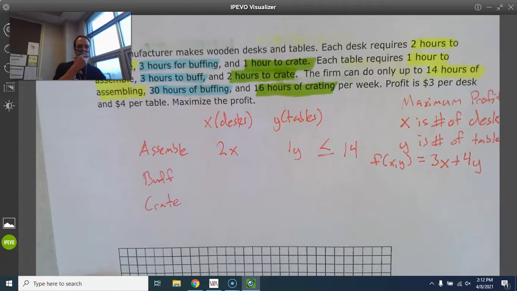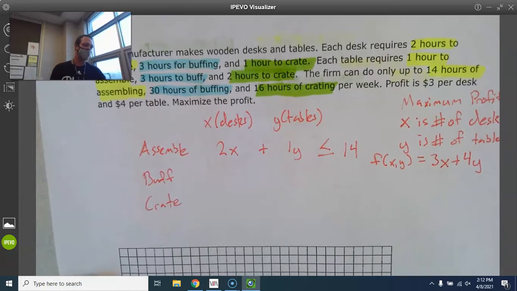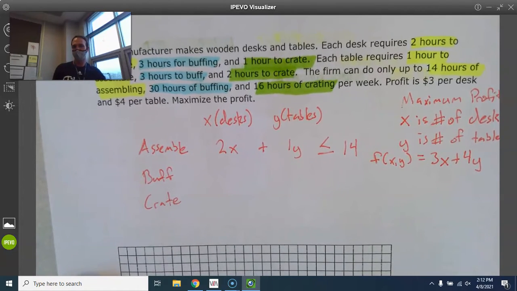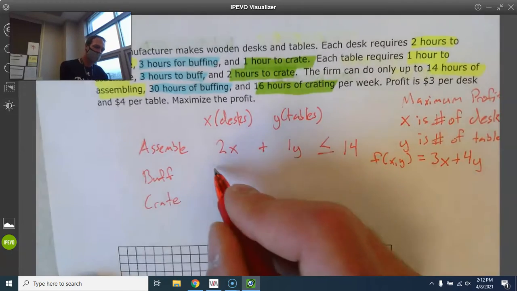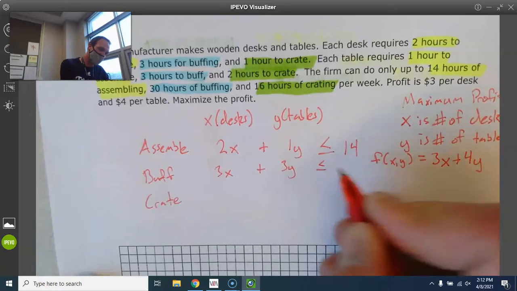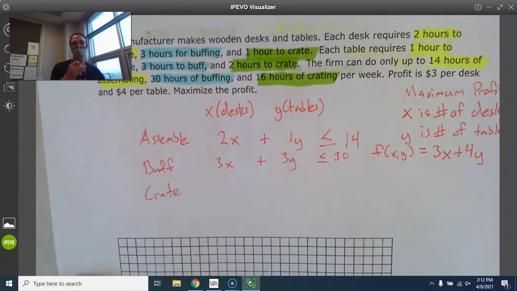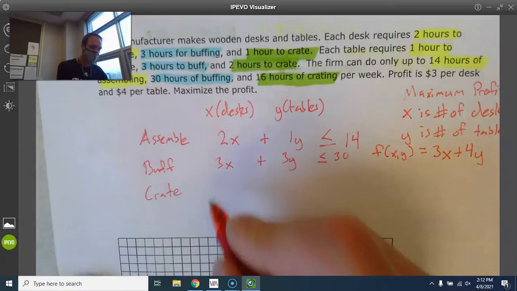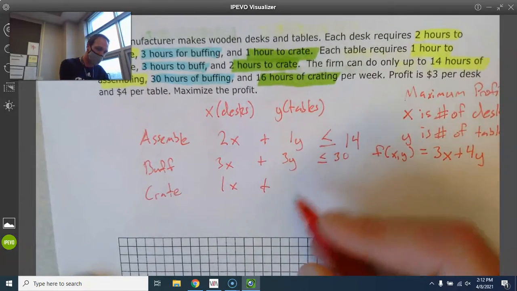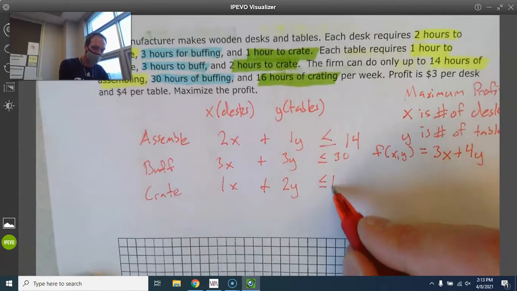What operation do I want between my x and my y? Plus, because I'm combining them. What about buffing? Plus, is less than or equal to. Yep. And then for crating, 1x plus y is less than or equal to, okay?